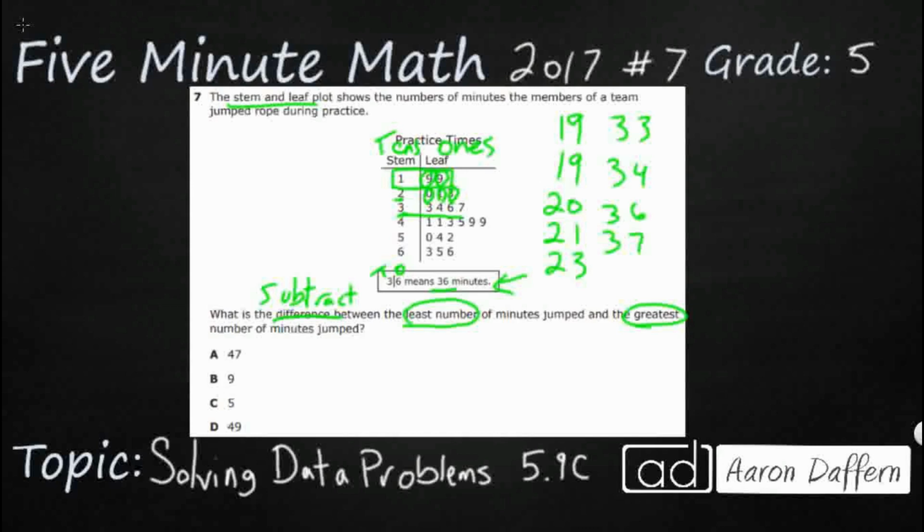I've got a 41, another 41, a 43, a 45, and then two 49s. Now we've got our 5 stem. We've got 50, 54, and then 52, which is kind of weird.